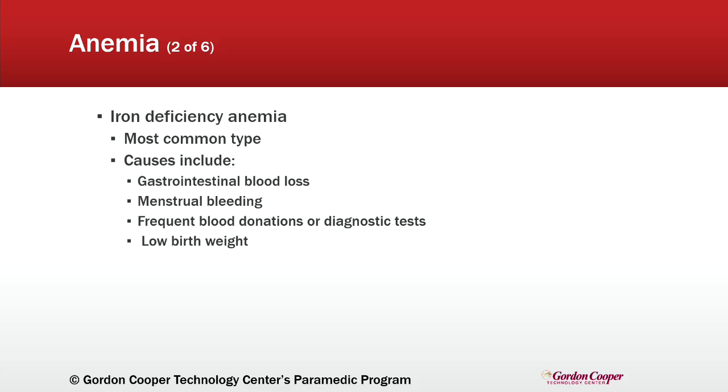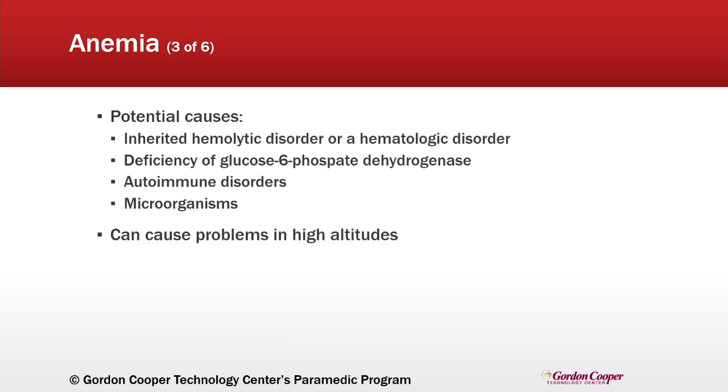However, if there's blood loss, there's no way to recycle that iron. So that's where we wind up with some iron deficiency anemia. You couple that with a decreased amount of iron intake, and problems start to evolve.